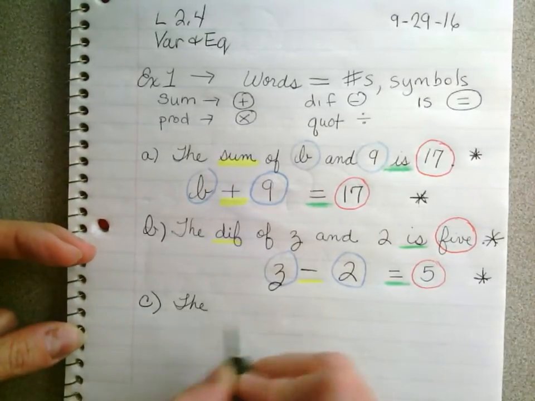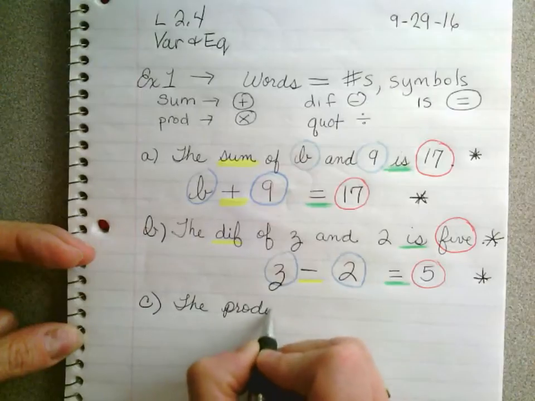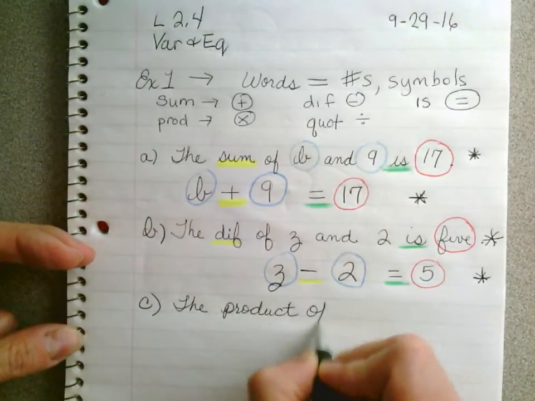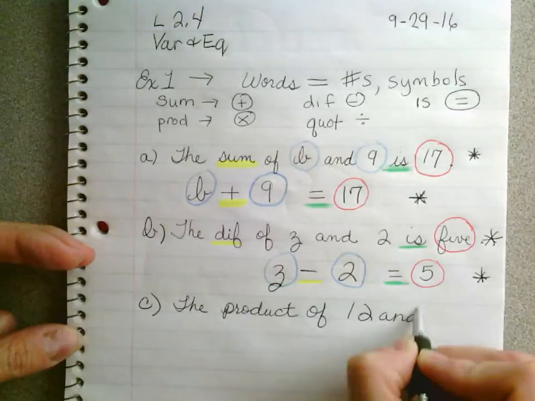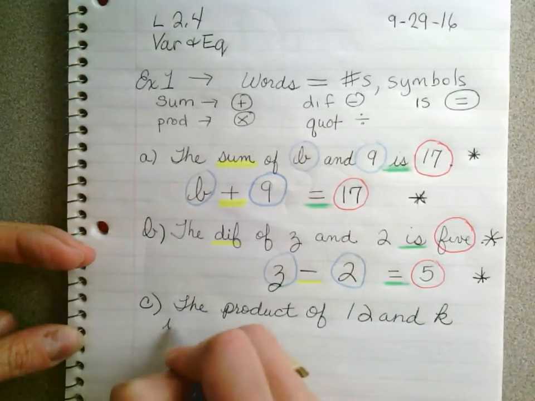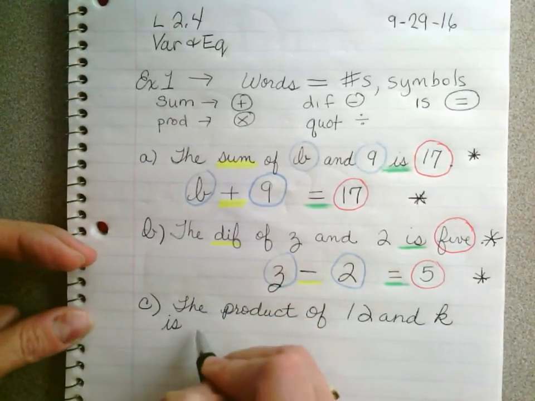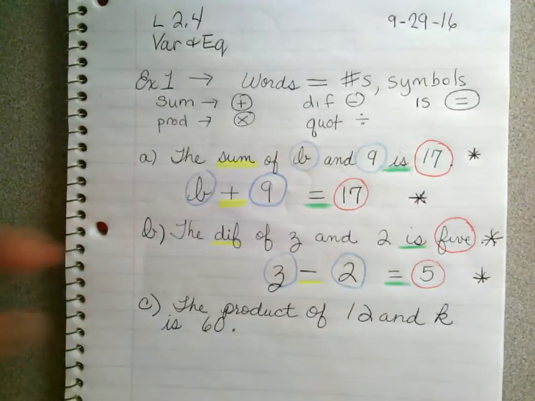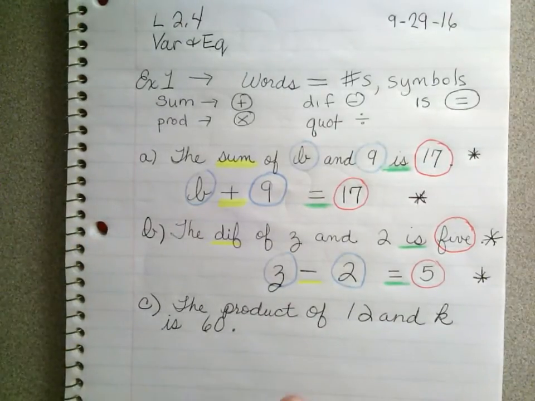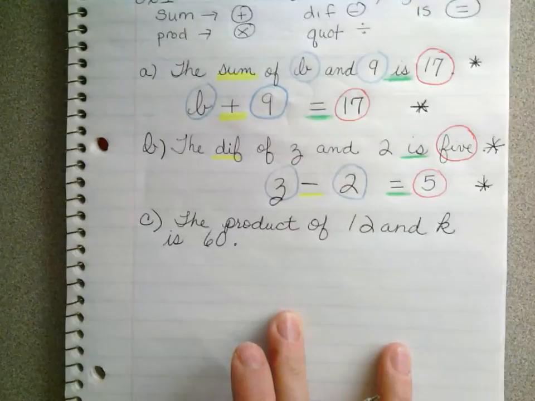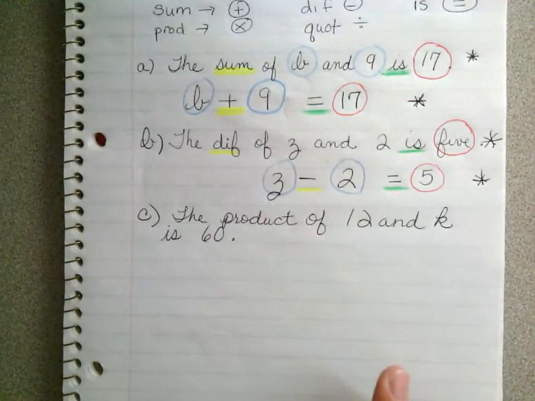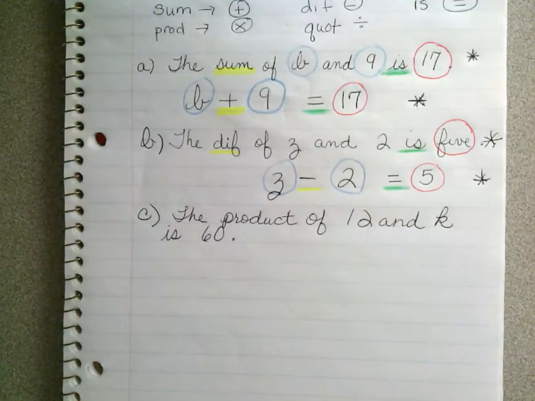How about this one? The product of 12 and k is 60. I don't know if you remember this or not, but we don't use the times symbol, that x, anymore.